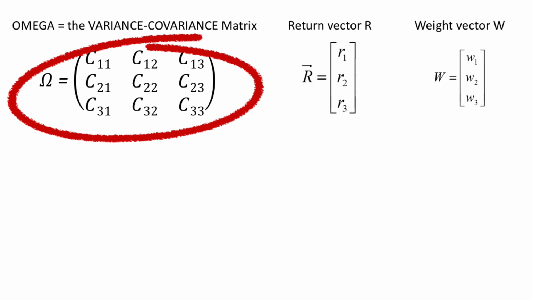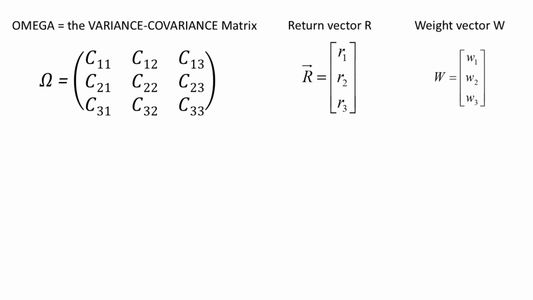We've talked about variance before, and we talked about covariance before. Here, we're going to have a matrix which will contain the variance and the covariance. So let R be the return vector, let W be the weight vector, and omega is the variance-covariance matrix.